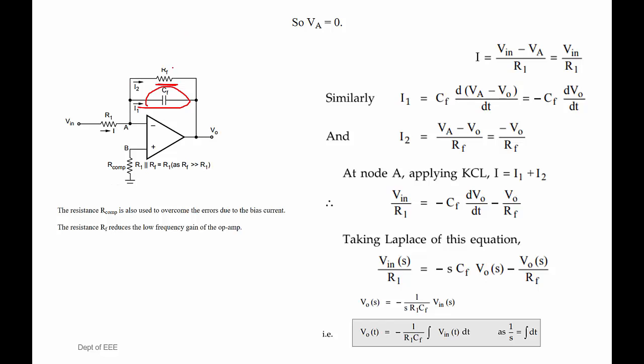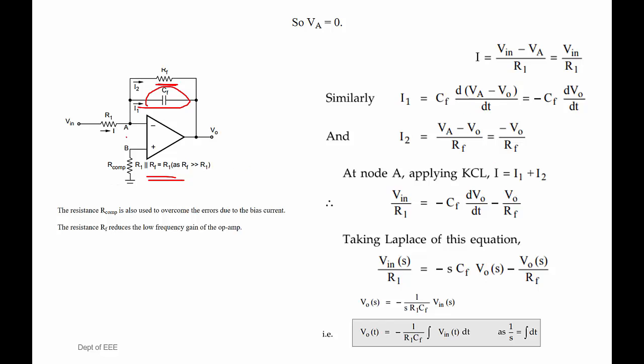Now this will be acting as an inverting amplifier for low frequency signals. The problem of very high, infinite gain is avoided by connecting the feedback resistance in parallel to the feedback capacitance. This is how the practical integrator works, to avoid the offset voltage and to increase the stability.